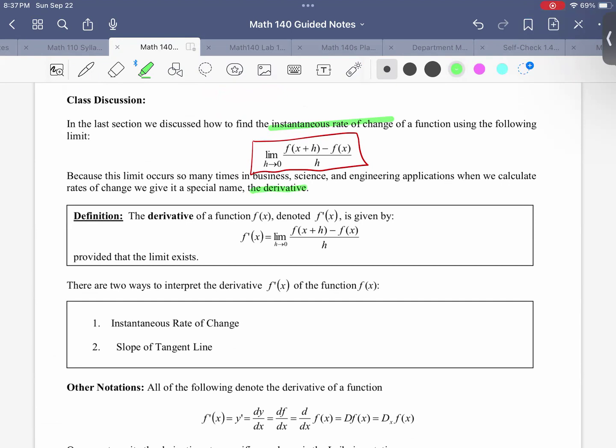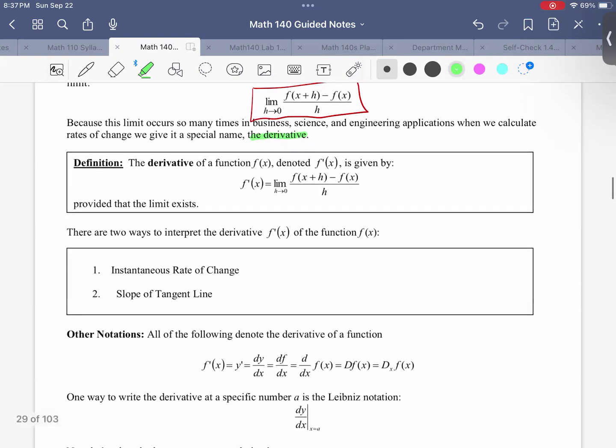So the derivative of a function, denoted f prime of x, this is read as f prime of x. So if you hear me say that, that's what I mean, the derivative. It is given by the limit as h goes to zero of the same type of definition, f of x plus h minus f of x all over h.